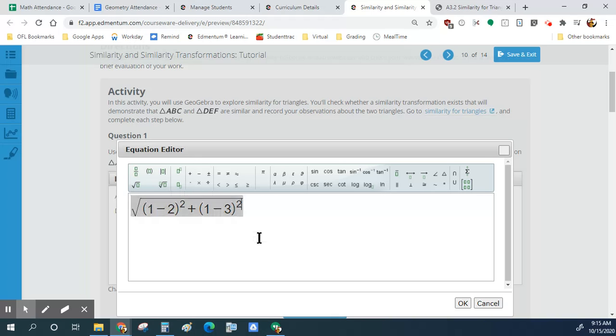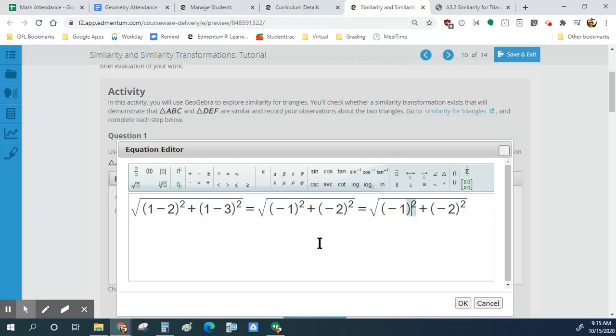So, me being lazy, I'm just going to copy this, paste it. 1 take away 2 is -1. 1 take away 3 is -2. Copying that, pasting it back.